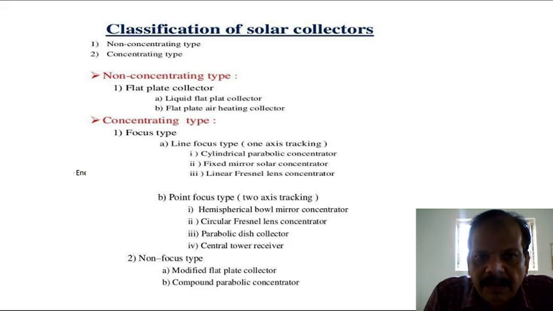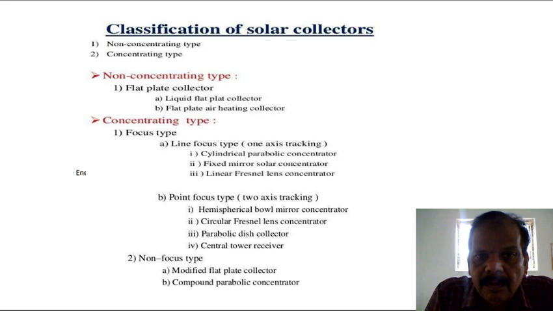The line focus types are of three kinds: one is the cylindrical parabolic concentrator, the second is the fixed mirror solar concentrator, and the third is the linear Fresnel lens concentrator. All these concentrators concentrate the sun's radiation onto one single axis.